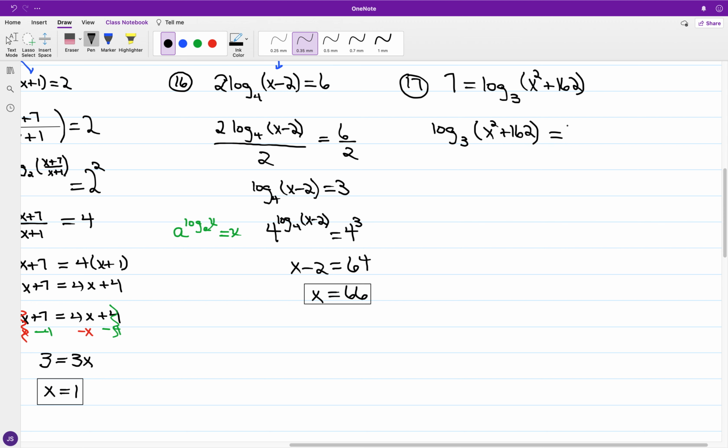So we have the base 3 logarithm of x squared plus 162 is equal to 7.